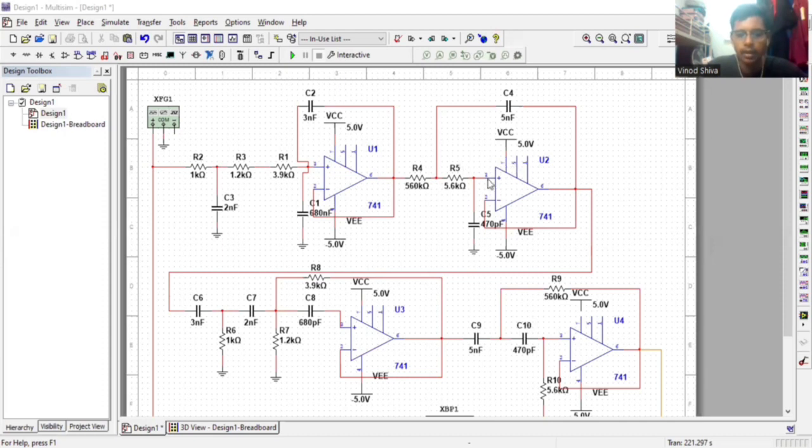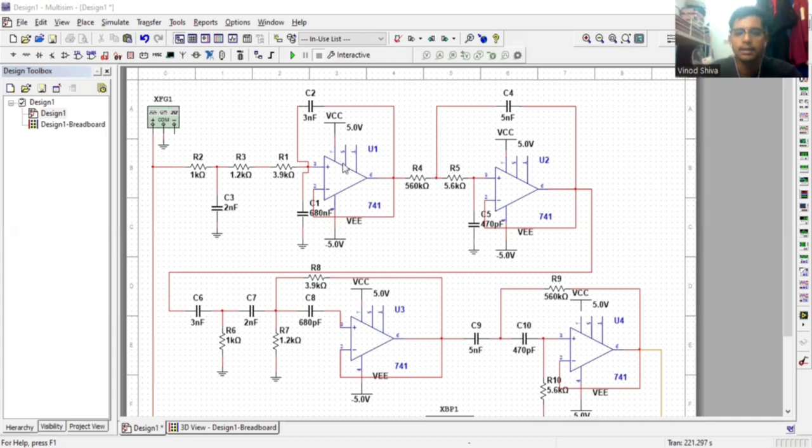This filter design incorporates both high pass and low pass sections to achieve a bandpass response, allowing frequencies within a specific range to pass through while attenuating frequencies outside this range. I will explain each section in more detail, starting with section 1.